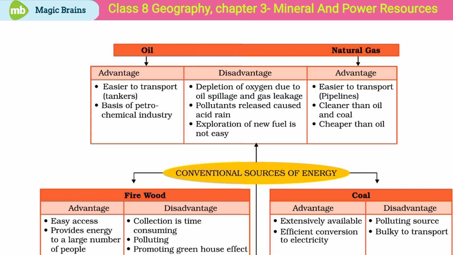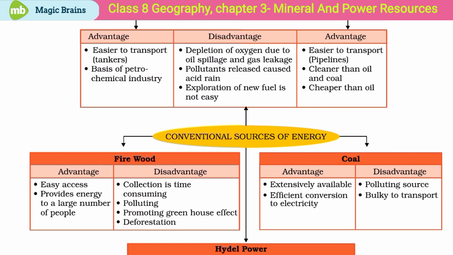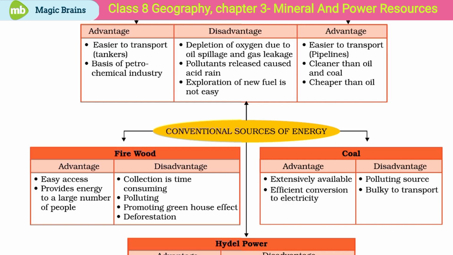The advantages of firewood are: number 1, easy access. Number 2, provides energy to a large number of people. The disadvantages of firewood are: number 1, collection is time consuming. Number 2, polluting. Number 3, promoting greenhouse effect.